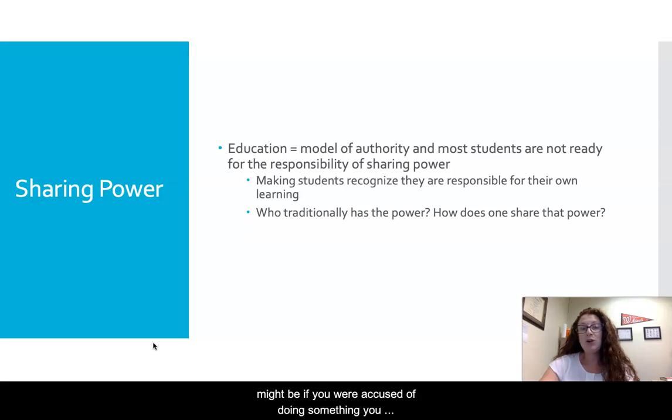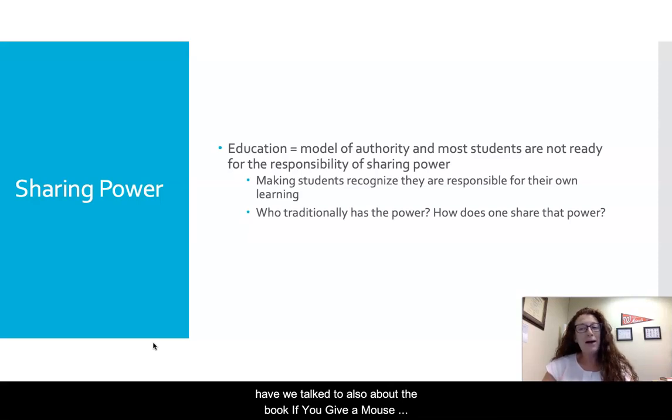And that might be if you were accused of doing something you weren't supposed to, or a teacher deciding last minute to change a deadline, or failing everybody for poor behavior, or taking away a recess or something fun. Those are when the teacher is really brokering their power. But I think if your class is mature enough, you can find ways to share that power, and then your students will be more invested in wanting to keep the little bit of power they have.